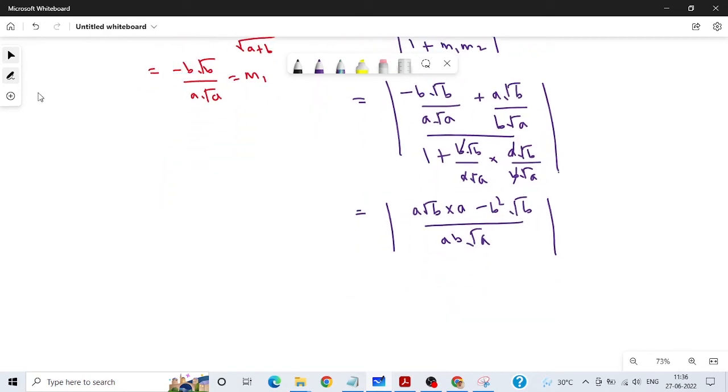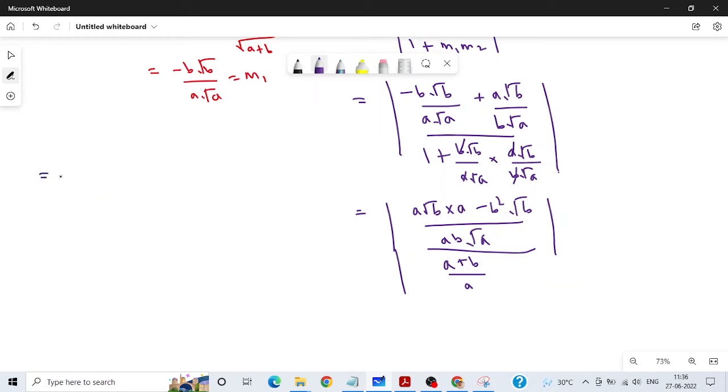So in the denominator, what we are left with? We are left with 1 plus b by a. So it's going to be a plus b by a. Done.